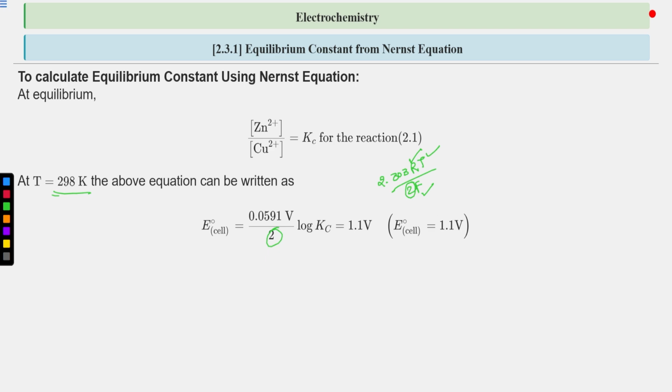So it will be 0.0591 by 2 log Kc, where Kc is the equilibrium constant for the reaction. And the standard potential of the cell here is considered to be equal to 1.1 volt.